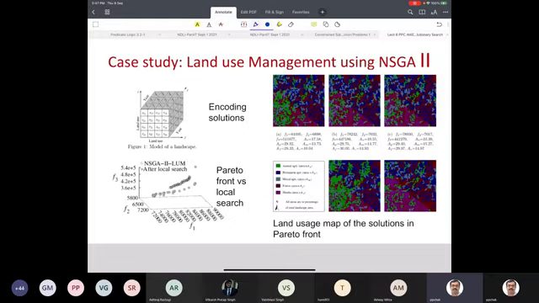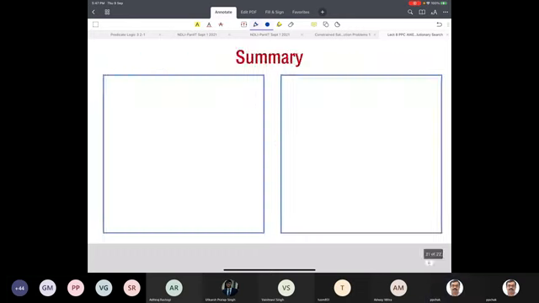This is just a pictorial view of what they did. And they compared it with pure local search. And they found that their method gives much better solutions than pure local search for approximately the same amount of time. So this is one example of how they have used what they have done.